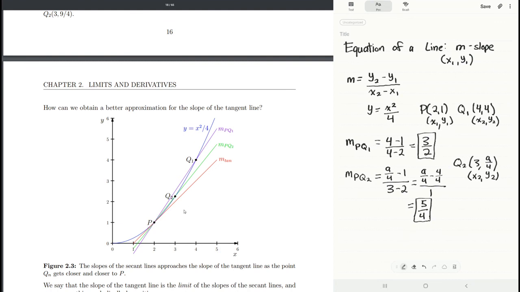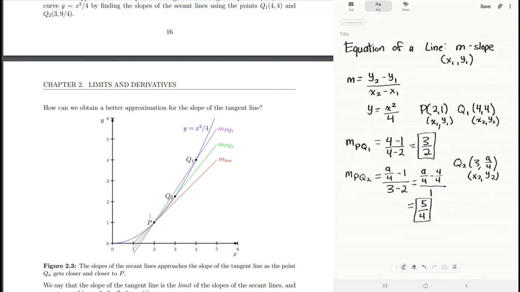And so what we want is to let the point Q approach P as close as possible, but not let it be equal to P.